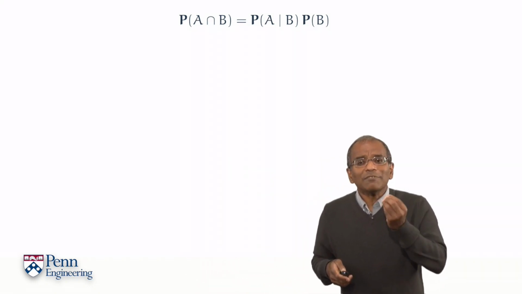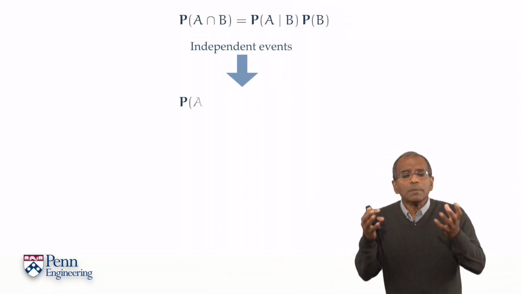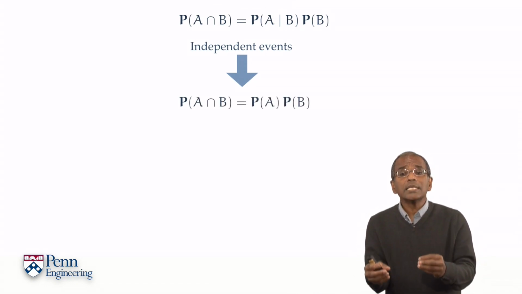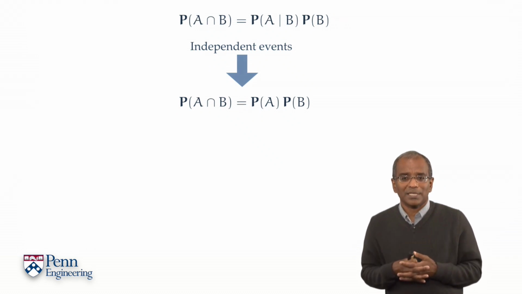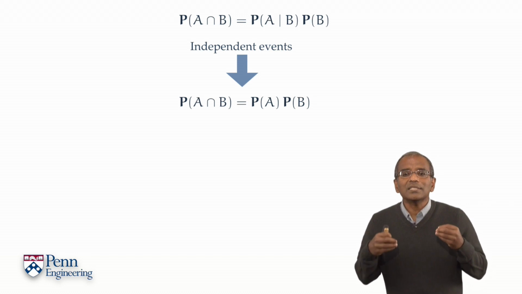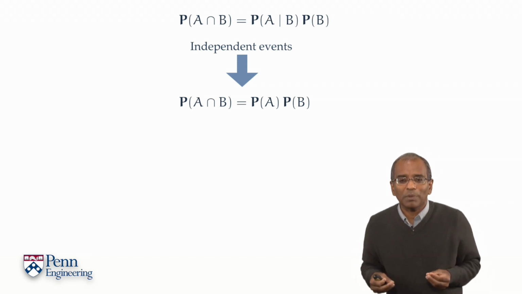But now we have another relationship for an intersection probability. But this requires more structure in the events. What if the events A and B are independent? Well, that says the intersection probability is given by a product of probabilities. Now, by examining the right-hand side, we can immediately deduce a relationship for conditional probability.